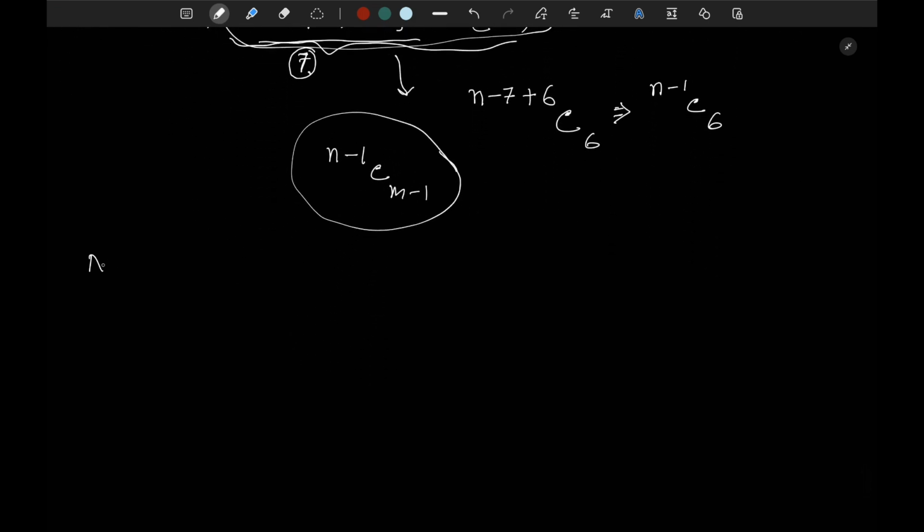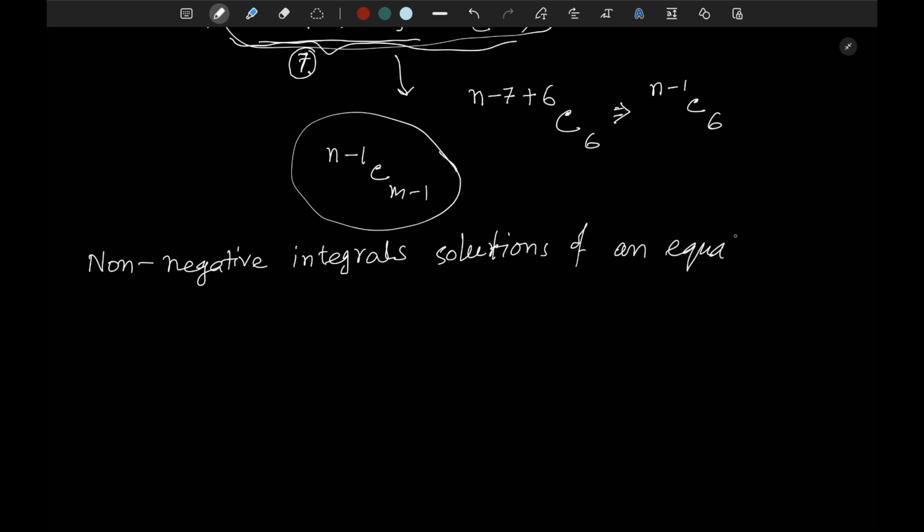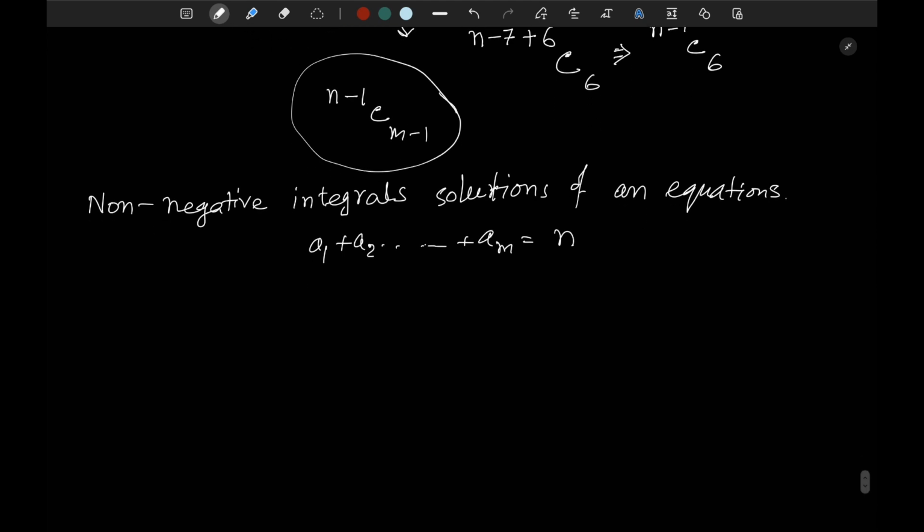If they ask for non-negative integral solutions, all these words are important, of an equation in the previous form, with terms a1, a2, ..., am equal to sum n, then the number of solutions will be n plus m minus 1 choose m minus 1.